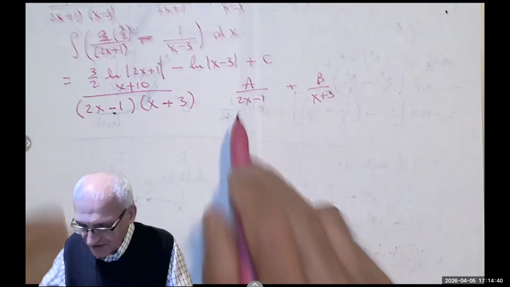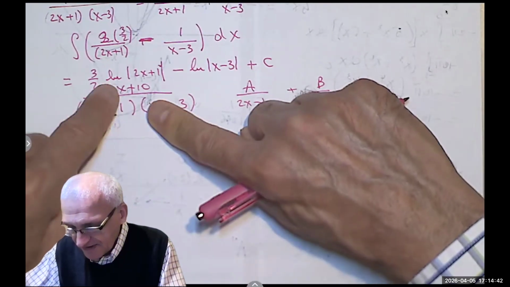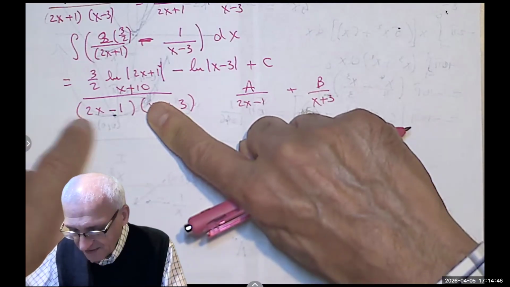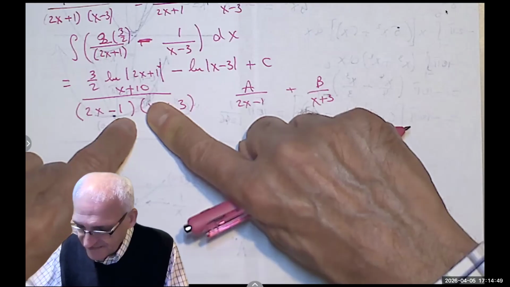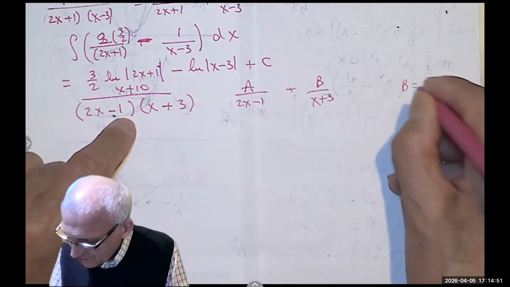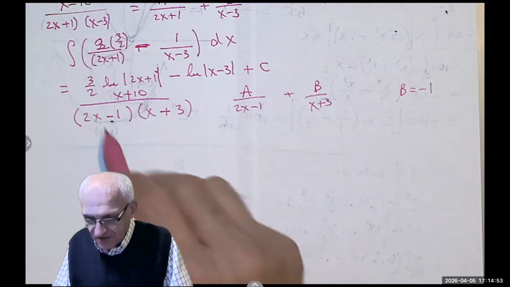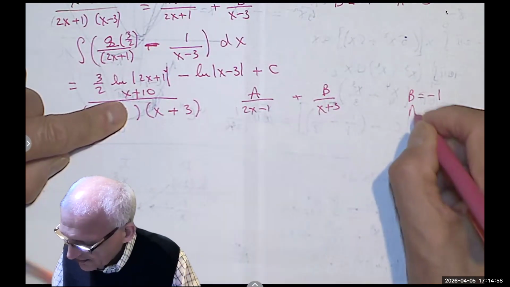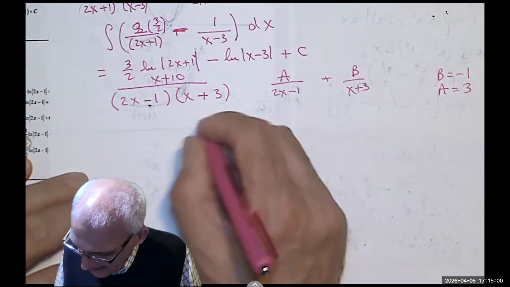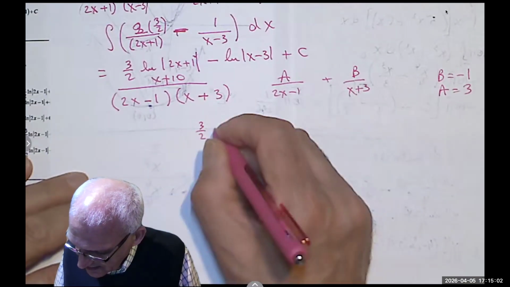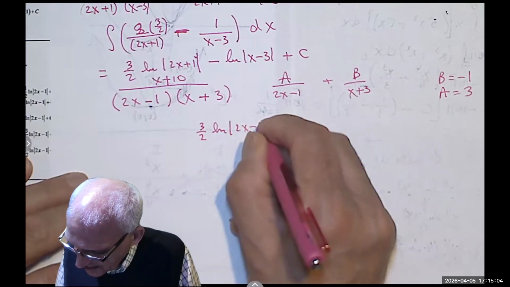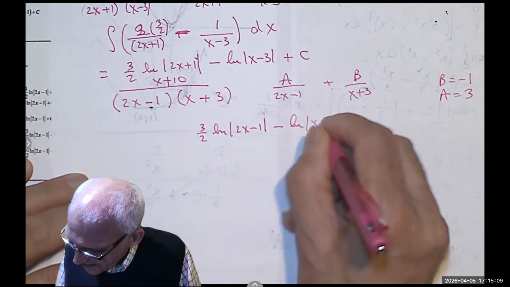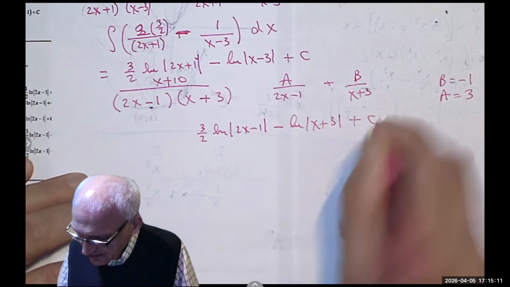Okay, in this case, when you say x equals negative 3, you get negative 3 plus 10 is positive 7, and negative 6 minus 1 is negative 7. So again, b is negative 1. But then you would substitute x equals 1 half. This would be 10 and a half. Yeah, and a would be 3. So you will get 3 halves the natural log of 2x minus 1 minus natural log of x plus 3 plus a constant.